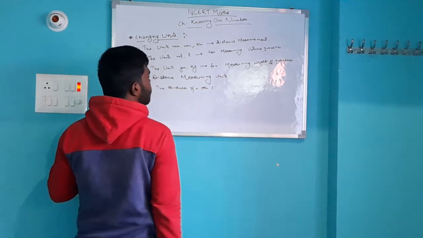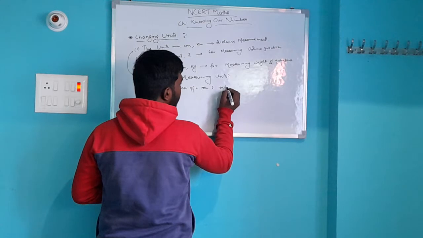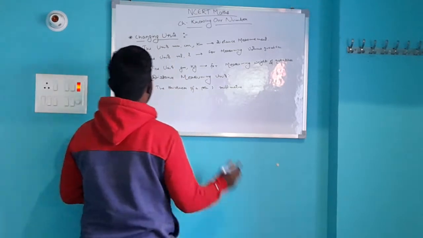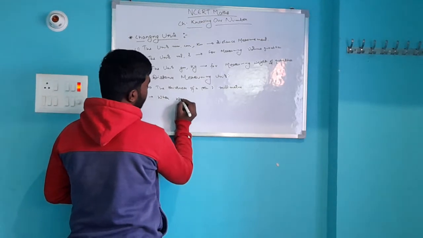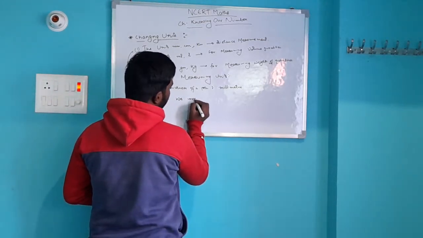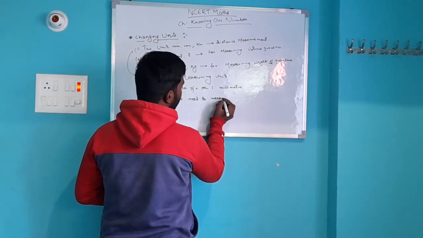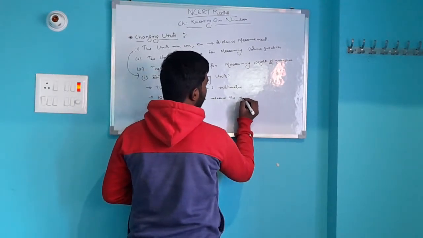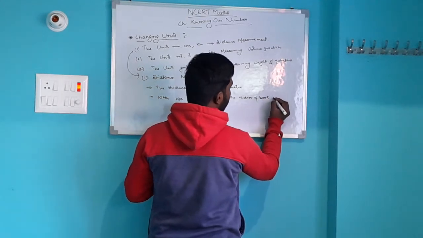It is a very small distance, so we need the smallest unit, which is millimeter. And when we need to measure the thickness of a book, we use centimeter.